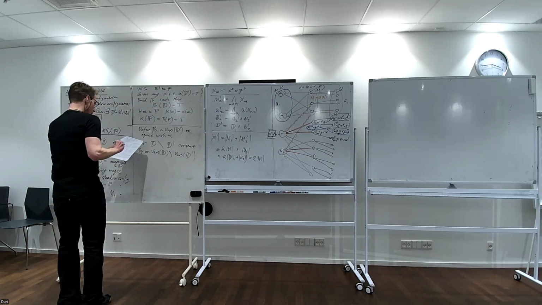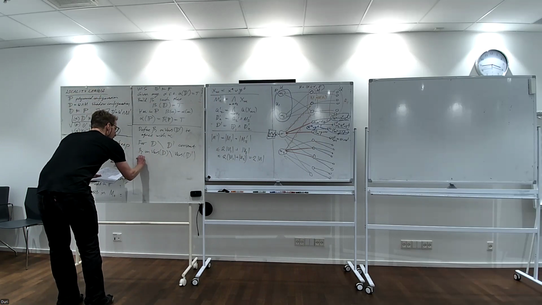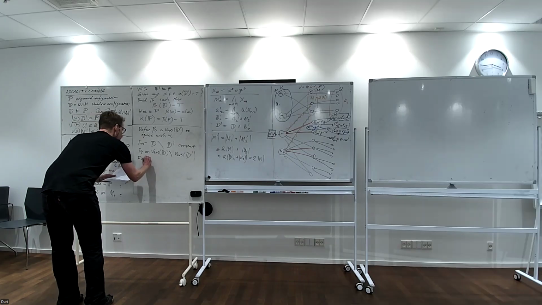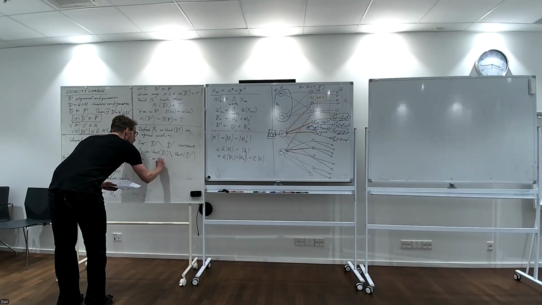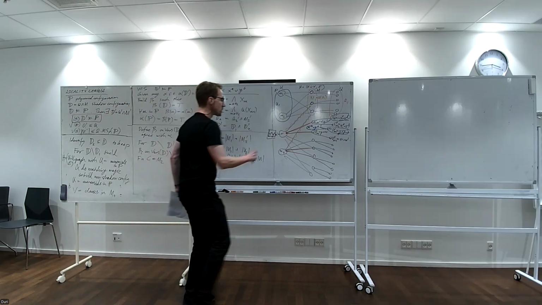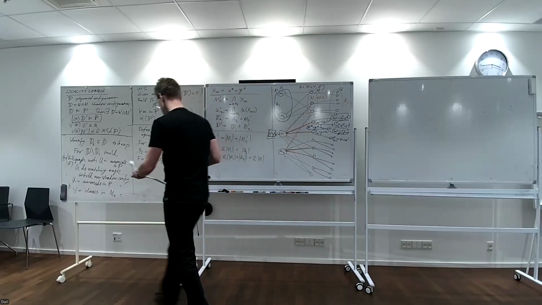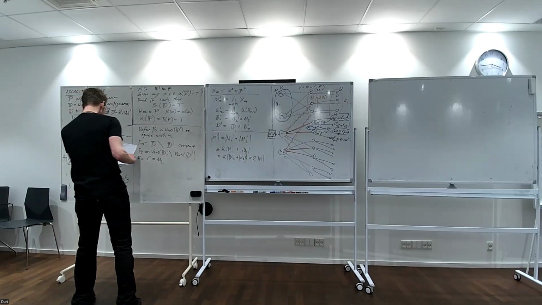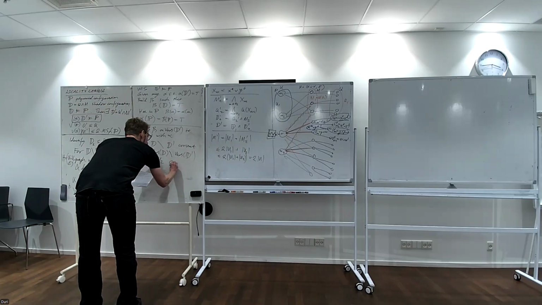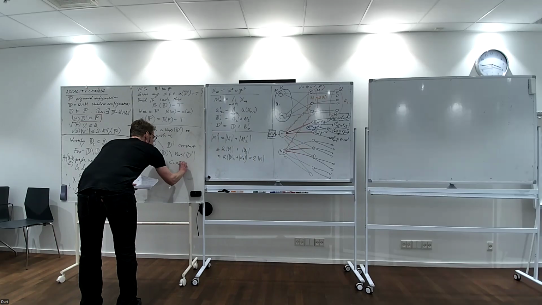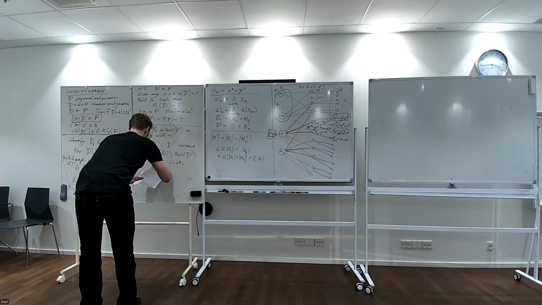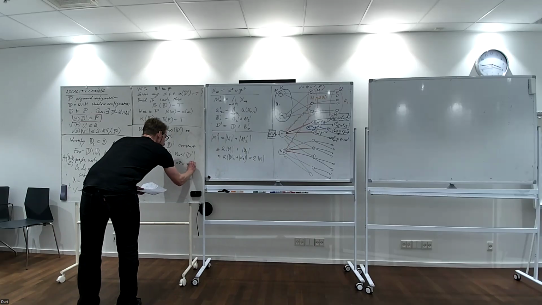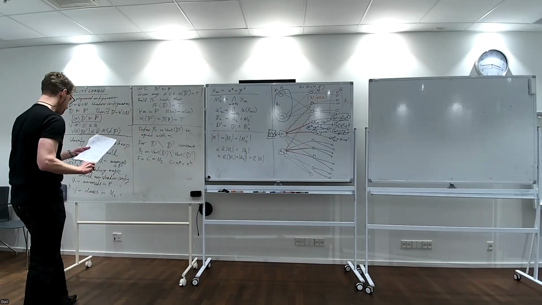Okay, so let's look at any clause C that was in M2, like one of these guys, the original C's. Suppose that C is some xg or zh or whatever.